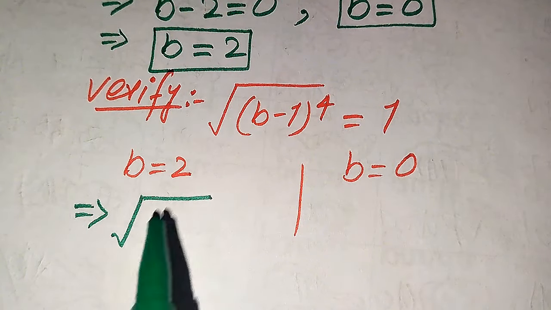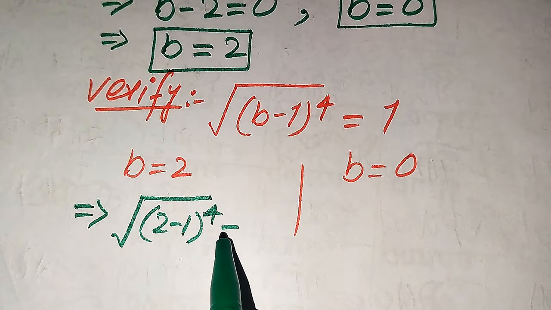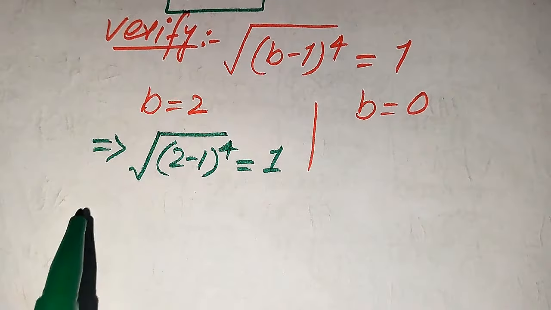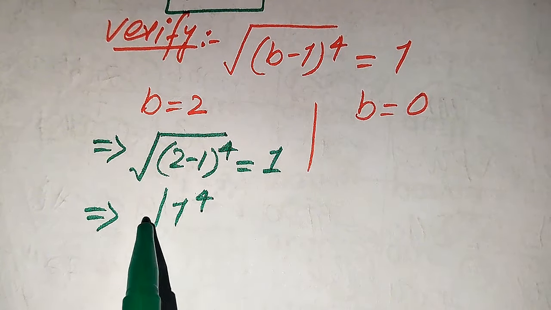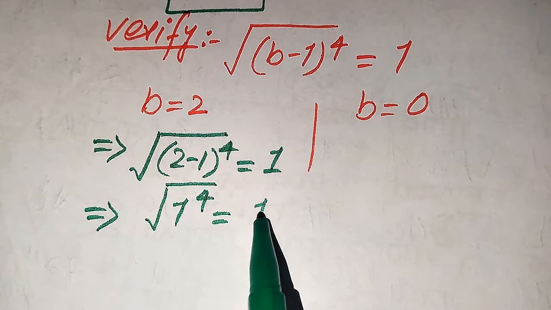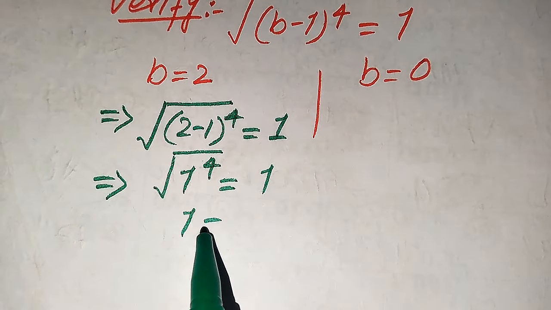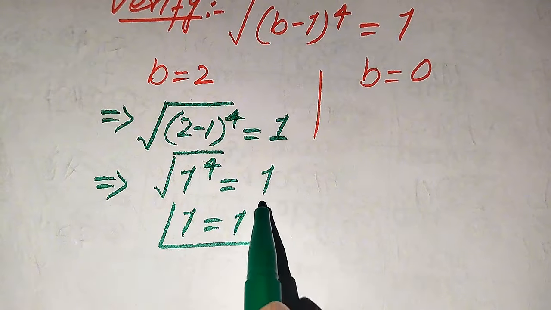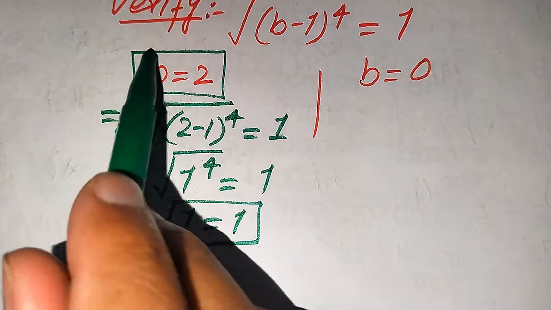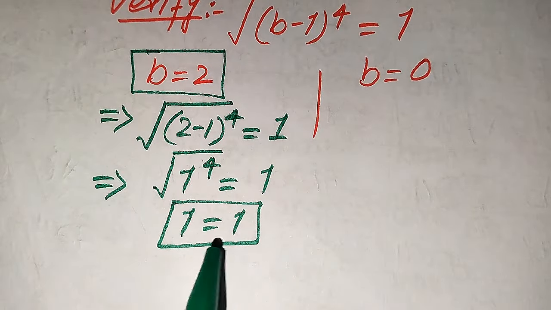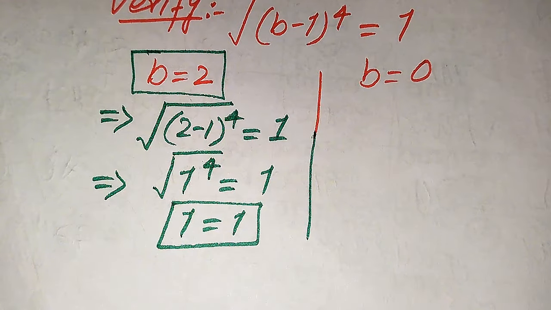When we put b equal to 2 here, it becomes 2 minus 1 to the power of 4 and its whole square root is equal to 1. We know that 2 minus 1 becomes 1 to the power of 4, and we know that 1 to the power of 4 becomes 1, is equal to 1. So this shows that b equal to 2 satisfies our given question statement, because both of the sides are equal. So it means that b equal to 2 is a solution of the given equation.